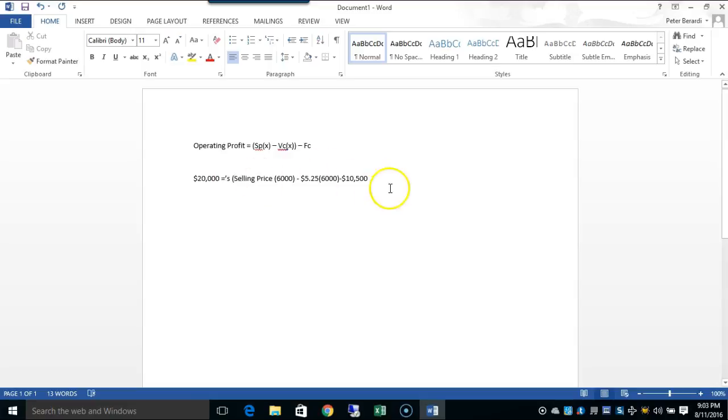So this is essentially your equation. So the operating profit equation is nothing really more than a linear algebra equation, if you remember from the algebra days.